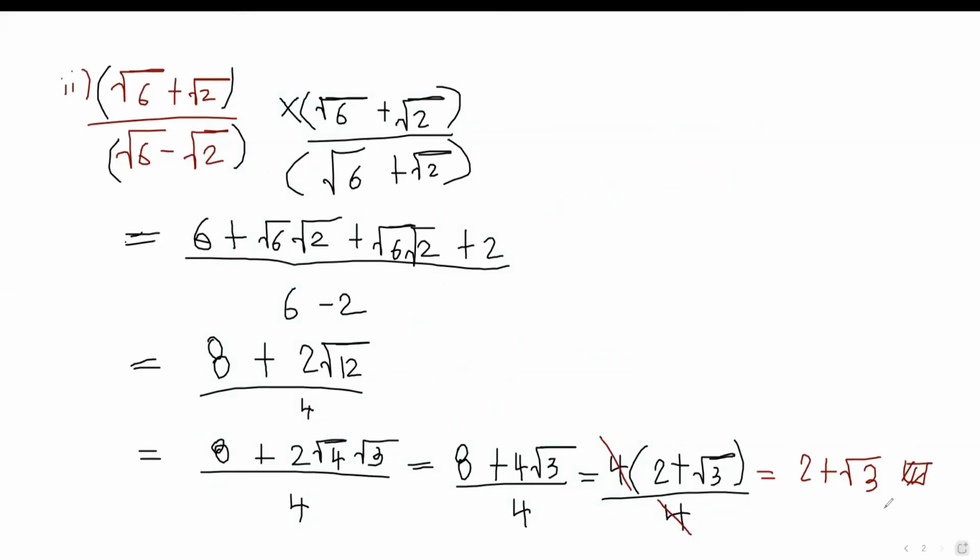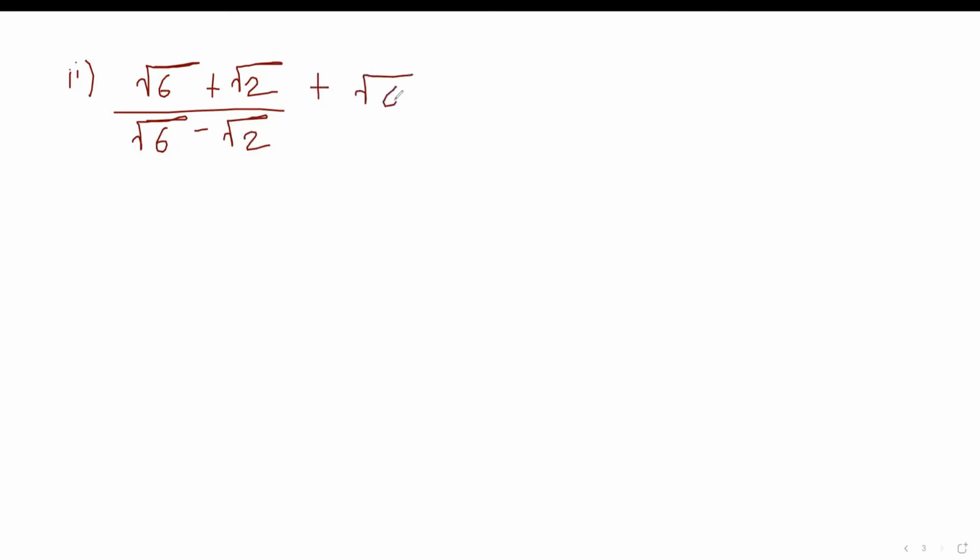So to do this one now, this is the next part of it. Look how I'm going to write down this question. The root of 6 plus the root of 2 over the root of 6 minus the root of 2, then you have plus the root of 6 minus the root of 2 over the root of 6 plus the root of 2.